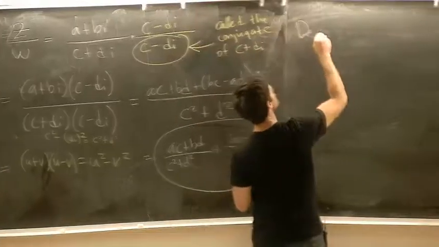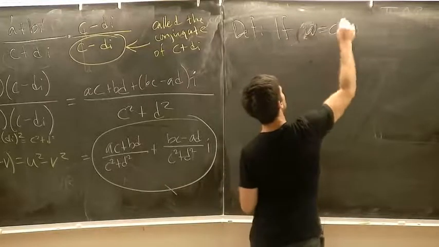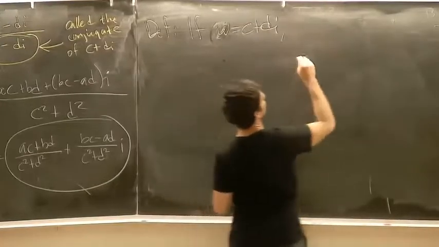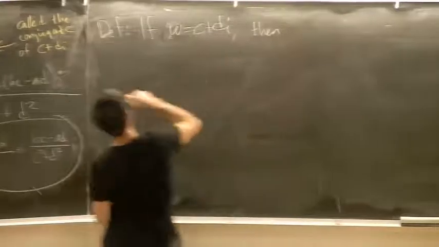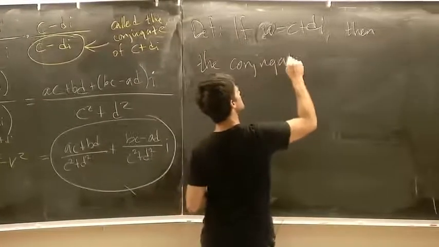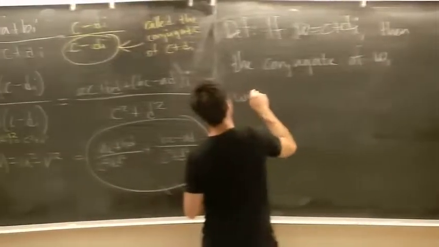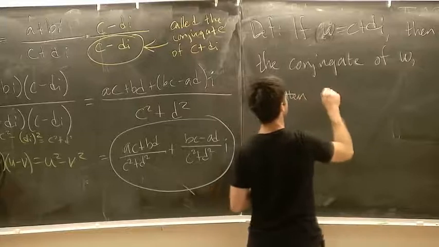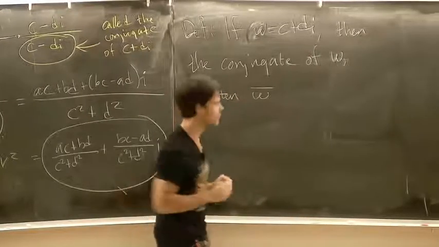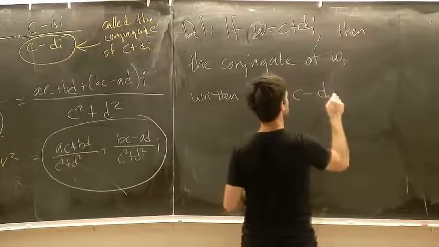So, definition: if w is c plus di, then the conjugate of w, written as w with a bar over it, is c minus di.